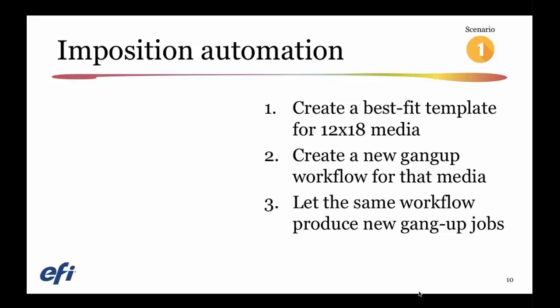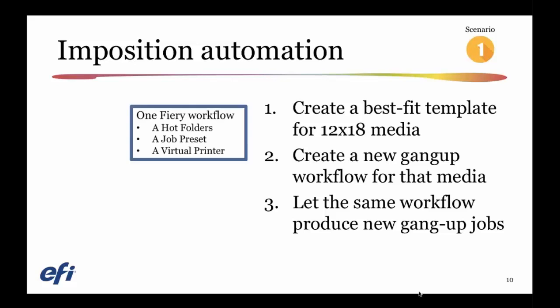So what do I mean by that? I'm going to have a little illustration here. What you need to do is have one Fiery workflow set up, say a hot folder. We're going to create a template for 12 by 18 media, leveraging the brand new finish size called Based on Trim Box. You create a layout with that finish size, and then use that template for a hot folder.